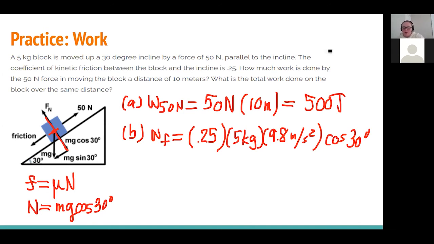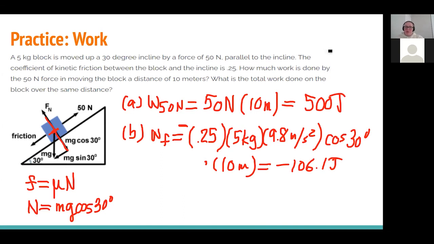And then, as always, I can't forget to multiply it by my distance, which is 10 meters. I know these are going in opposite directions. I could say that this is a negative force, or I can just say that it's negative work because I know they're working opposite to each other. But this should be equivalent to negative 106.1 joules.